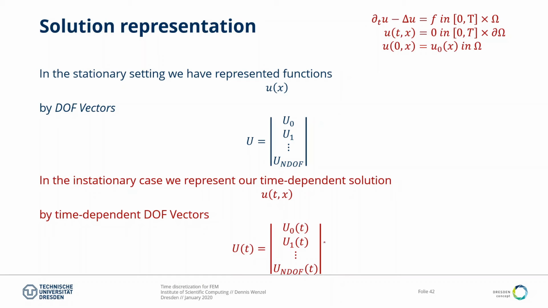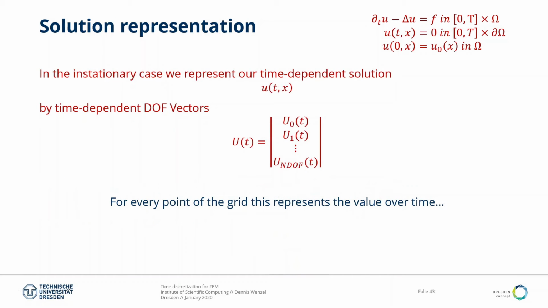This looks complicated, but if you think about the fact that later on we want to do discretization in time, then this works much easier, because then we're again talking about DOF vectors, except that now we have a DOF vector for each time step and not just one. Later, in the end, it will boil down to not talking about vector-valued functions, but again a set of DOF vectors.